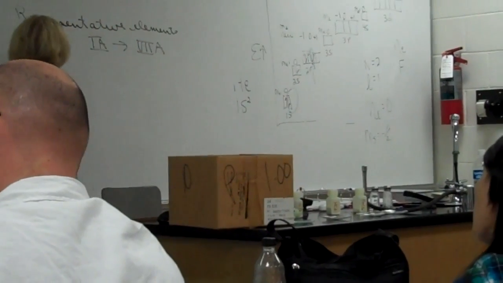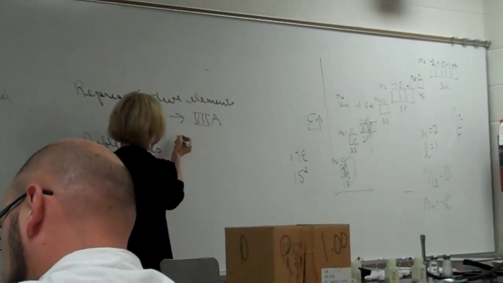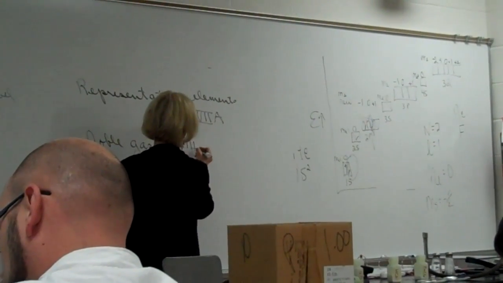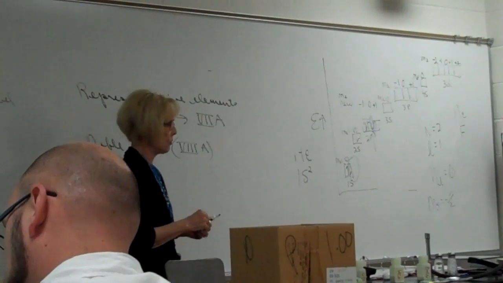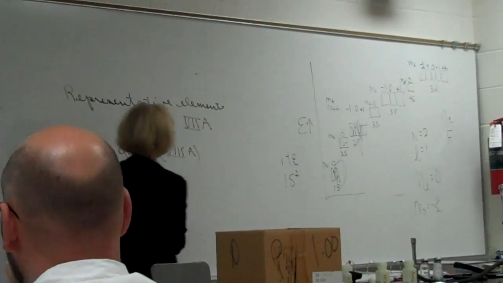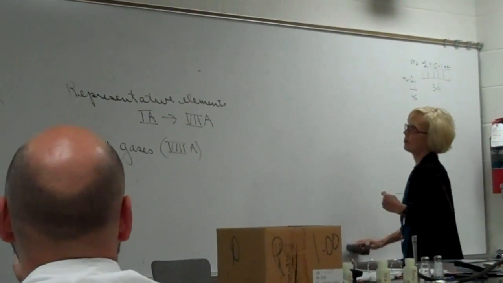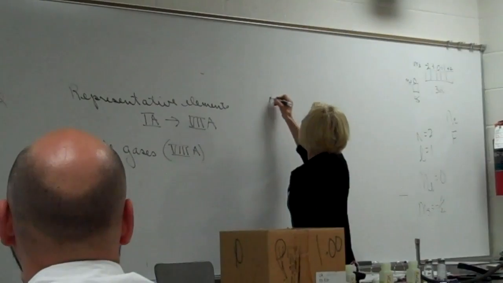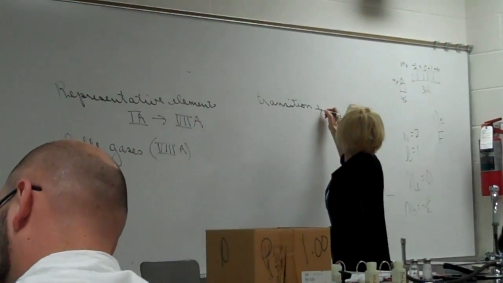And then we have the noble gases, and of course that's the 8A, and we've talked about that before, so that's another big cluster there. And then the 2 other big clusters. Transition elements.